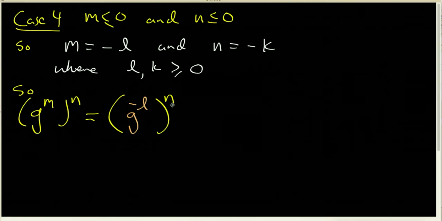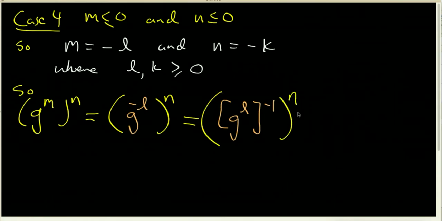And I'm going to deal with the outside exponent after I deal with this first exponent. By our lemma, g^(-L) is nothing more than g^L's multiplicative inverse. And then I want to raise that to the n.